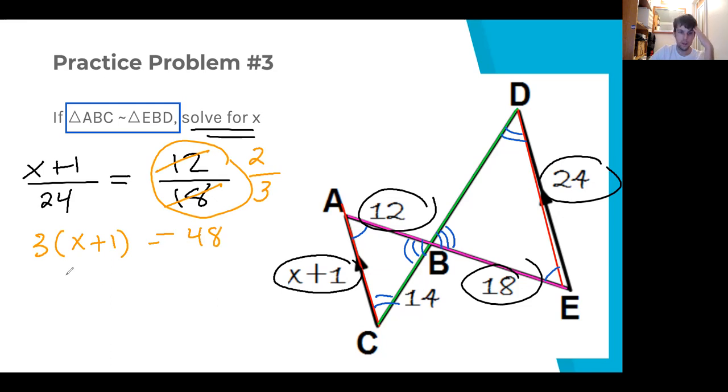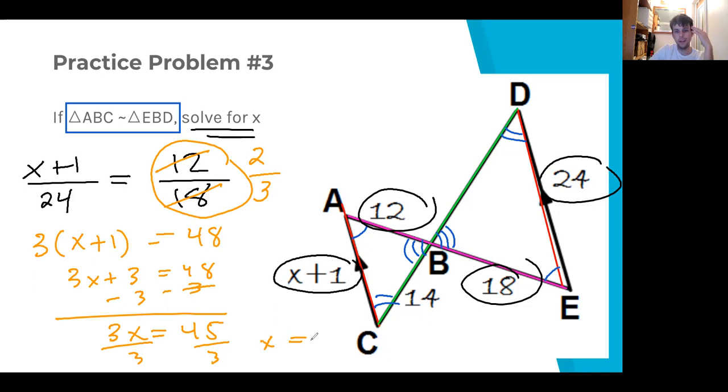And there we go. 3x plus 3 equals 48. Subtract 3. Subtract 3. And that gives us 3x equals 45. Divide by 3. We get x equals 15. Again, we can use that value of x, kind of find some stuff out, but the goal here is just to solve for x.